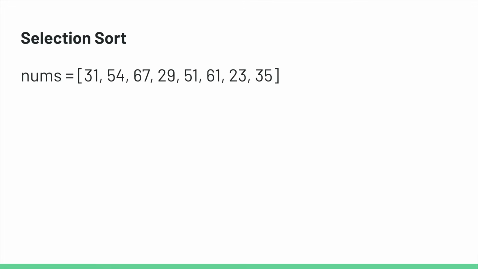Now that we've had a chance to look at the bubble sort, let's get started with the selection sort. What we're going to do first is sort this array in ascending order. I'm going to start by finding the minimum value in this whole array. It looks like the minimum value in this whole array is 23.